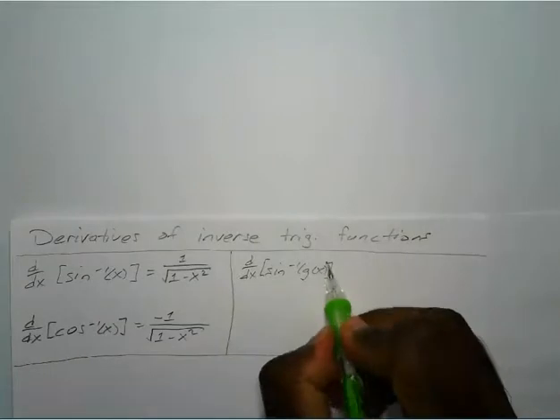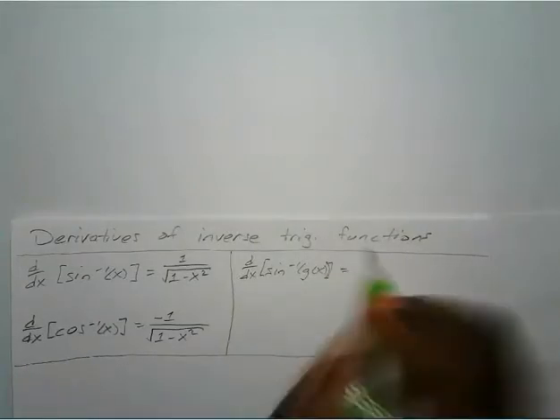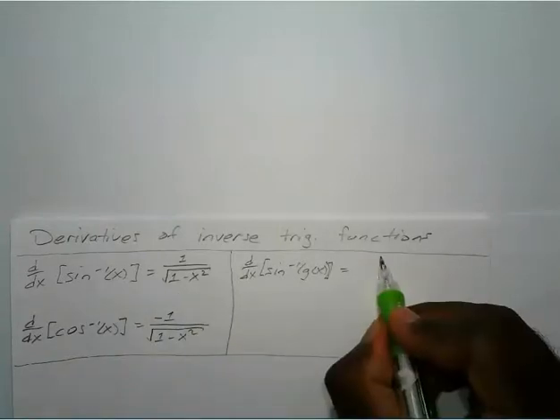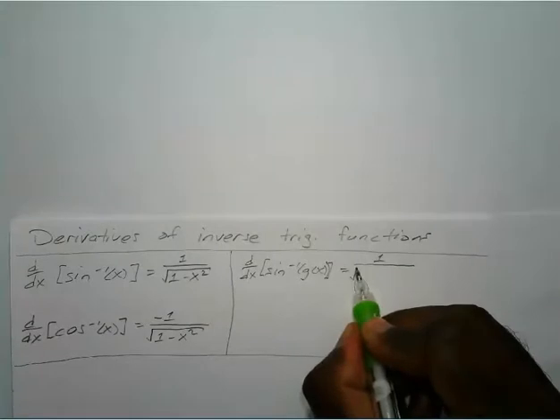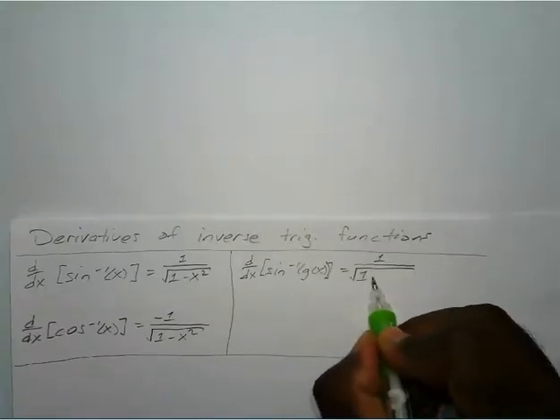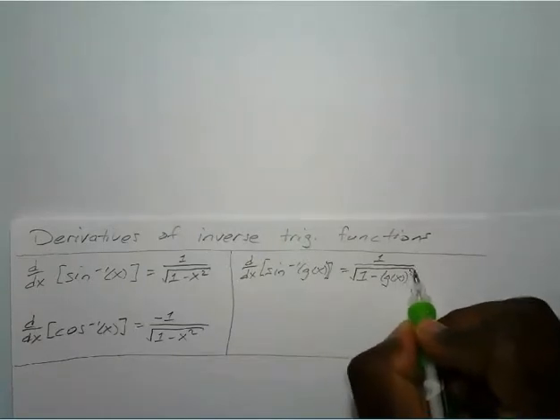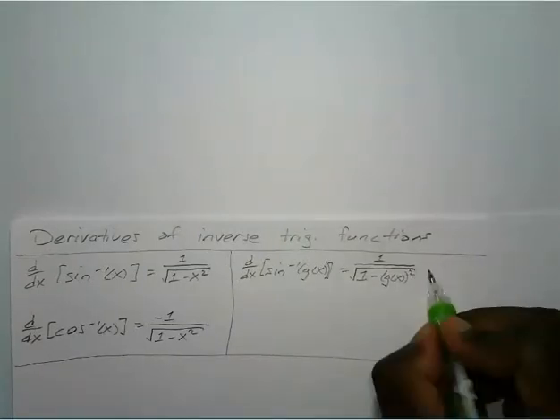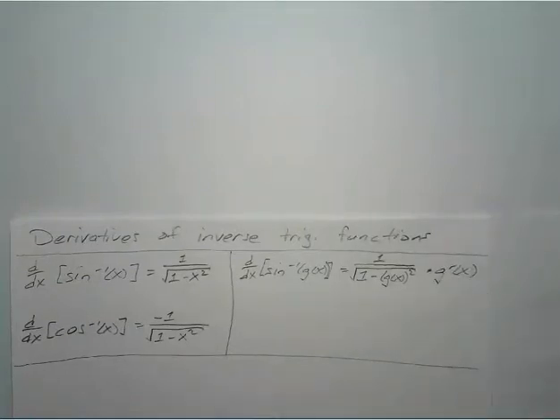That will equal almost the same as this one with just minor differences: 1 over the square root of 1 minus that function of x squared, times the derivative of that function of x. As you can see, that's not a big difference.